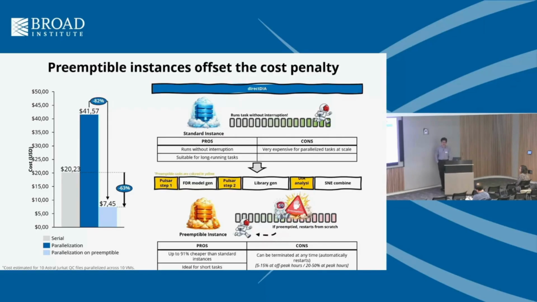Combined with the runtime improvement, this means the parallelized workflow is now faster and even more cost-effective compared to the serial directDIA that we used to run. This is very exciting because it's faster and it's cheaper. We're breaking that cost and runtime trade-off.